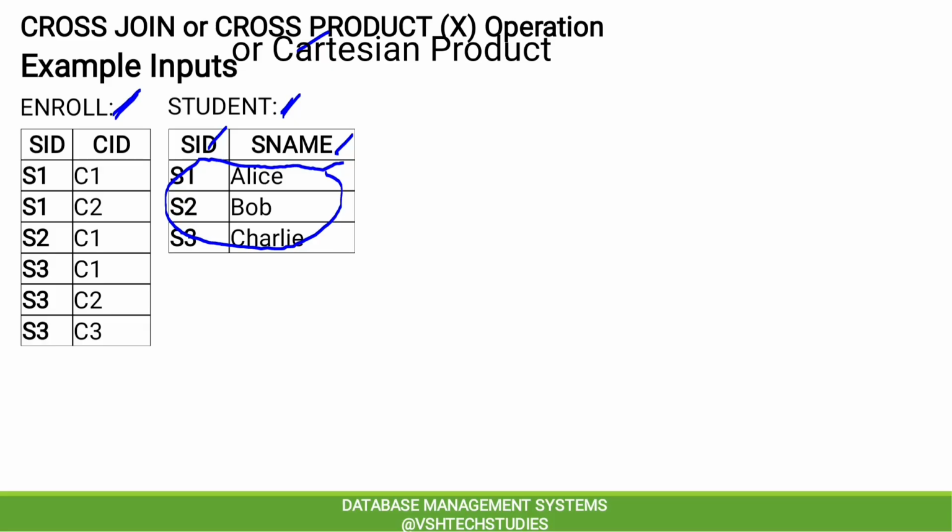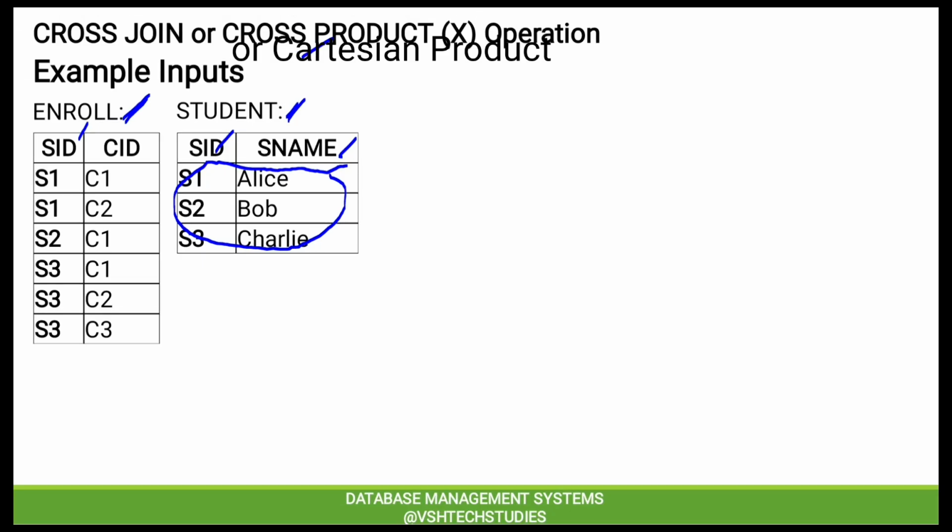Here the student ID is there, and to which subject or course that student has enrolled, we have the course ID, that is CID. For example, student S1 has enrolled in course C1, and S1 also has enrolled in course C2. S2 has enrolled in only one subject, C1, whereas S3 has enrolled in 3 courses, C1, C2, C3.